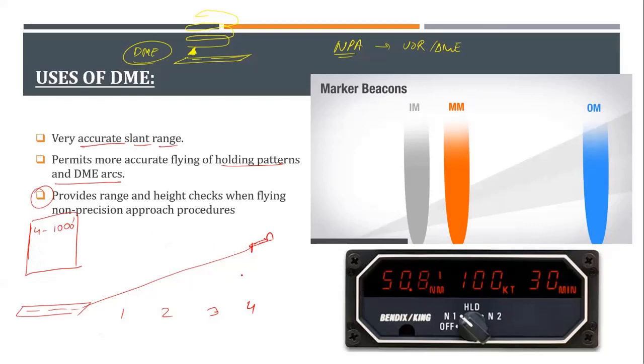When you come to 4 nautical miles, you should check your altitude, and if it's 1,000 feet, well and good, you can continue. If you are above, descend. If you're below, climb. Simple logic. At 3 nautical miles, you should be at 700 feet. At 2, you should be at 400 feet. And finally at 1, you should be at 100 feet.